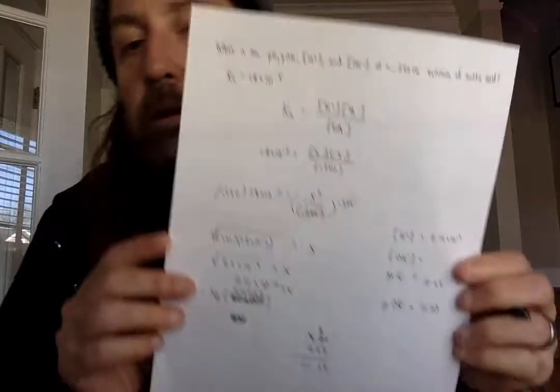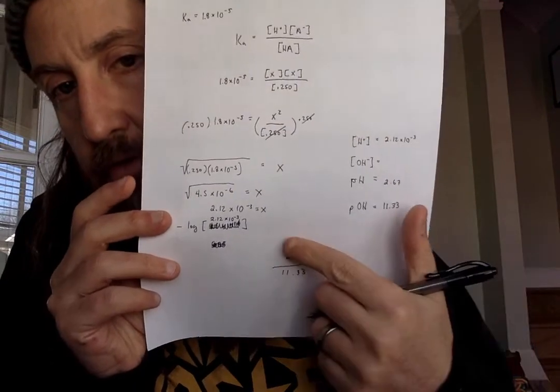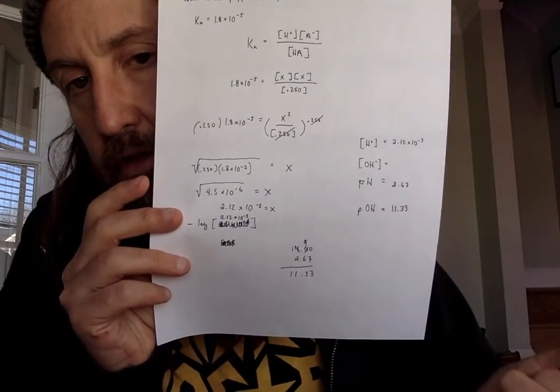Borrow. 11.33. That would be my pOH, because 14 minus the pH is always the pOH.